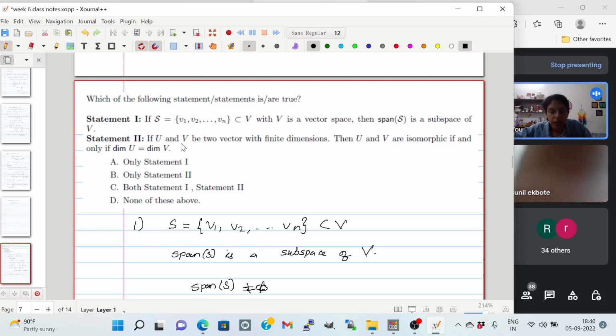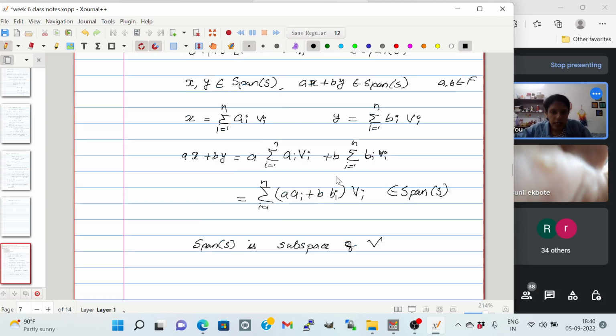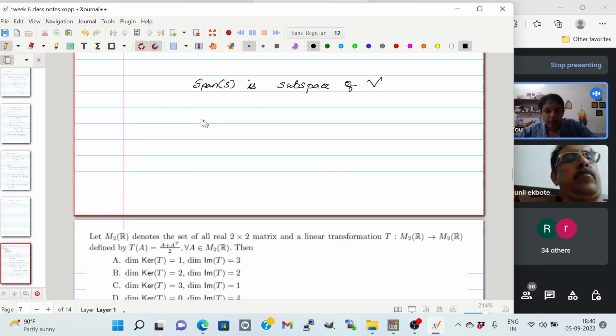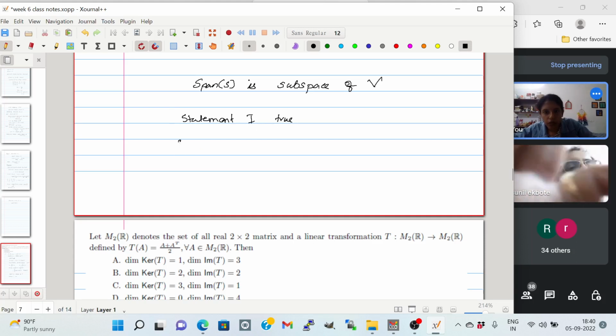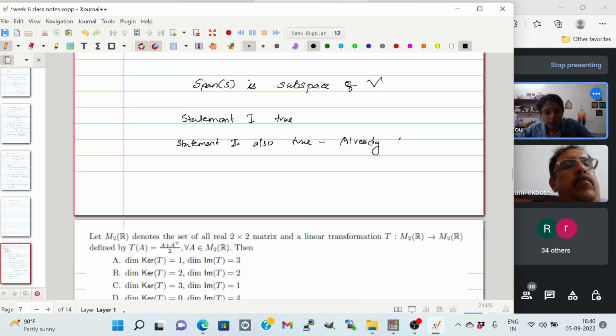This is a theorem statement: if U and V are two finite dimensional vector spaces, U and V are isomorphic if and only if dimension of U equals dimension of V. So you can just refer to that class again. So statement 1 is true, already we proved. Statement 2 is also true. It is already done in the class.